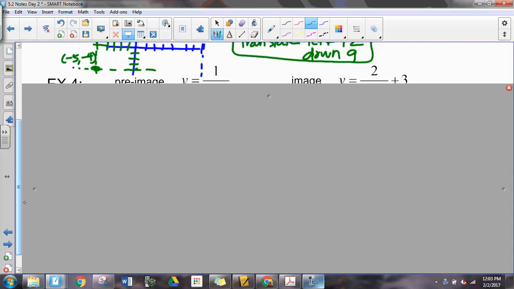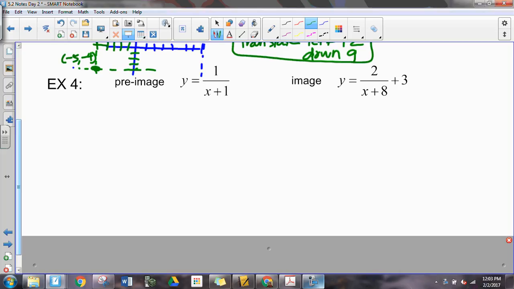Okay, let's try one more here. Okay, so now we notice that this number on top, the 1 has changed to a 2, and it's still positive, so there's no reflection. So if that A value is getting bigger, so getting larger, a bigger number, then it is a vertical stretch.